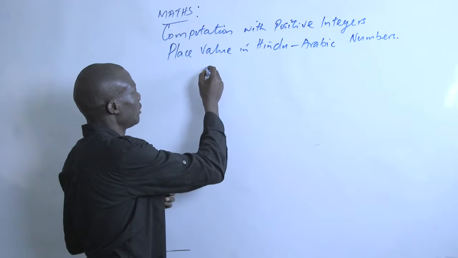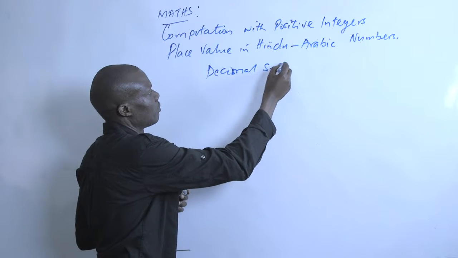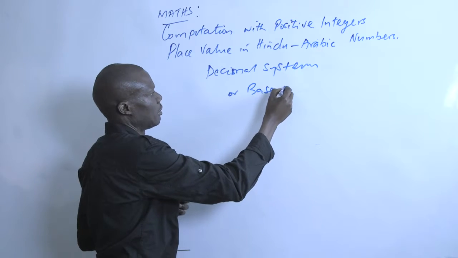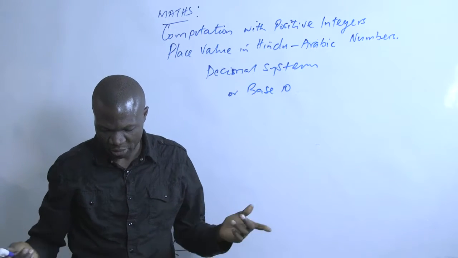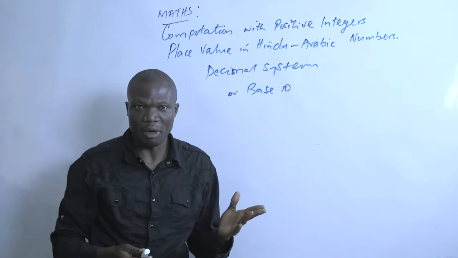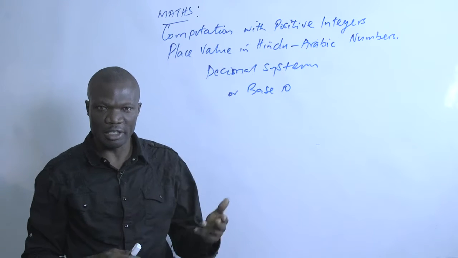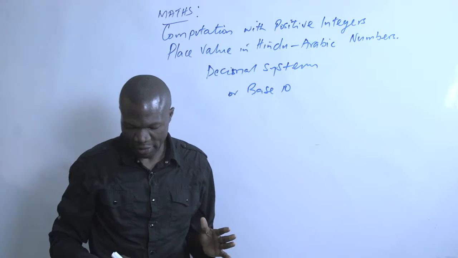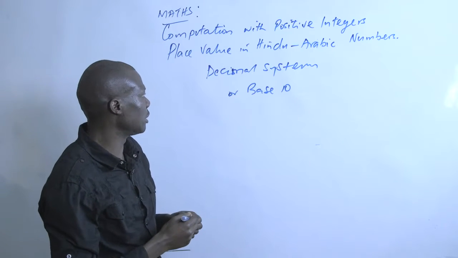Currently, we call it the decimal system or base 10. That is the most commonly used system today. Like the Babylonians, the position of the digit is going to determine the value of that digit.